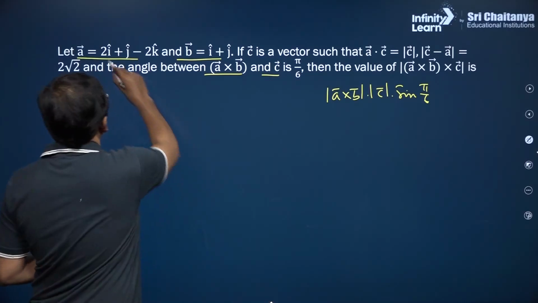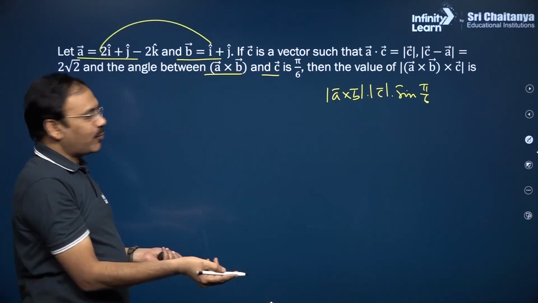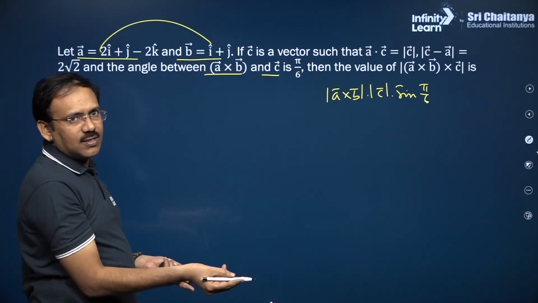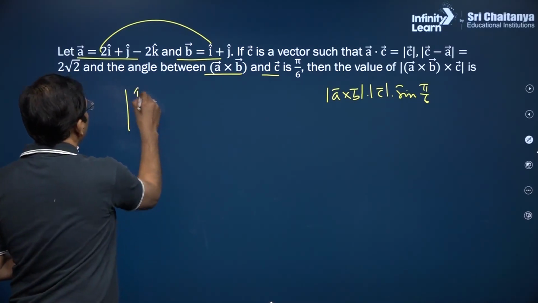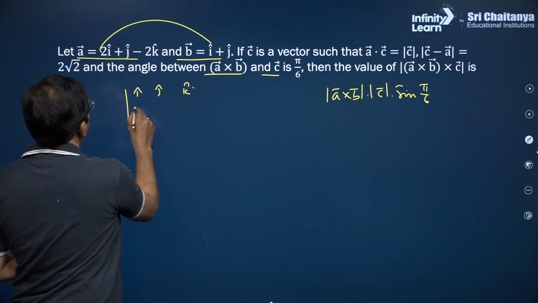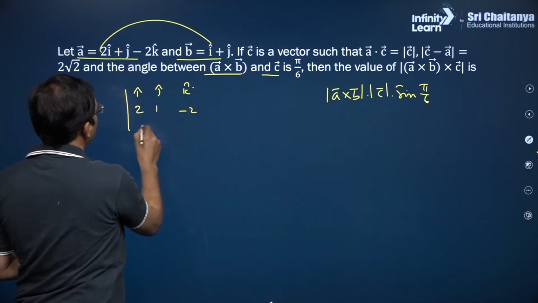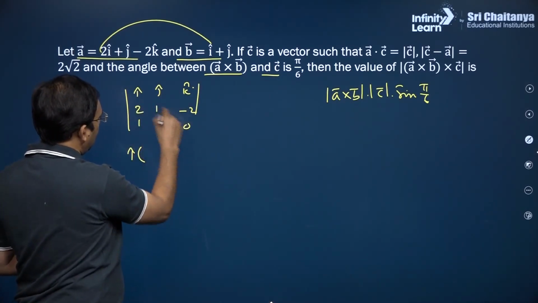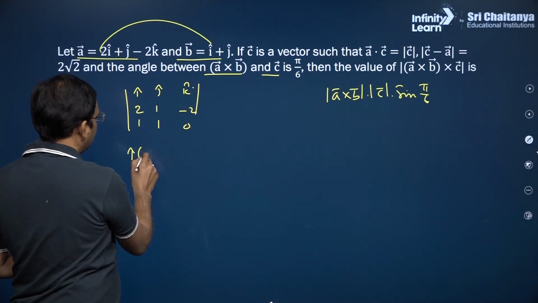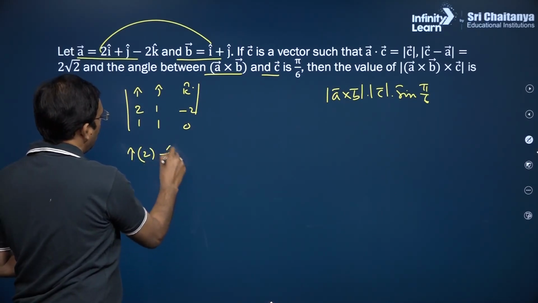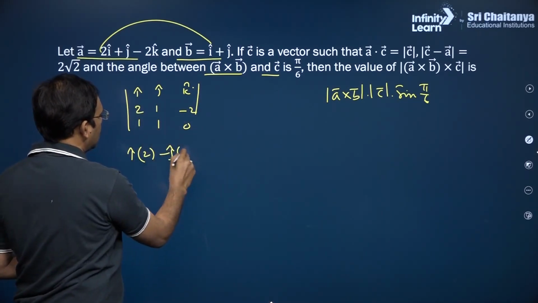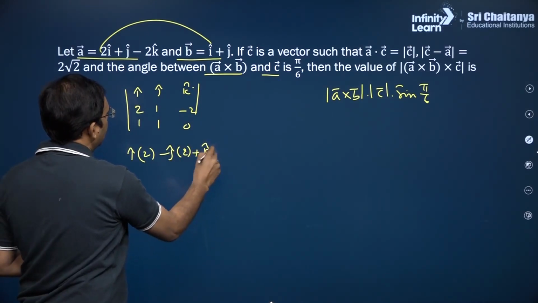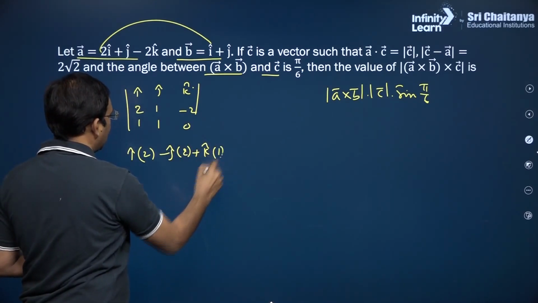So a, b are known, you just find the cross product and its magnitude, it's not a big deal, because you can put i cap, j cap, k cap, this is 2, 1, minus 2, 1, 1, 0, which is i cap into, I can say 0 minus of minus 2 is 2, minus j cap into 0 minus of minus 2 is 2, plus k cap into 2 minus 1 is 1.